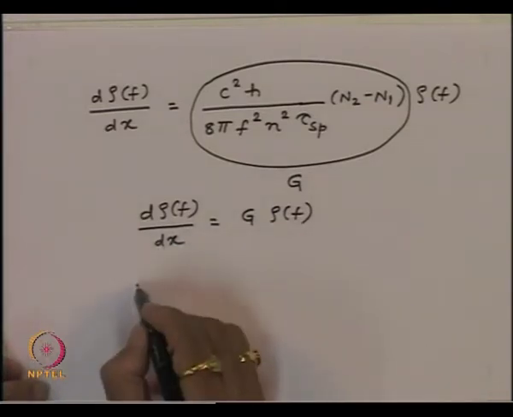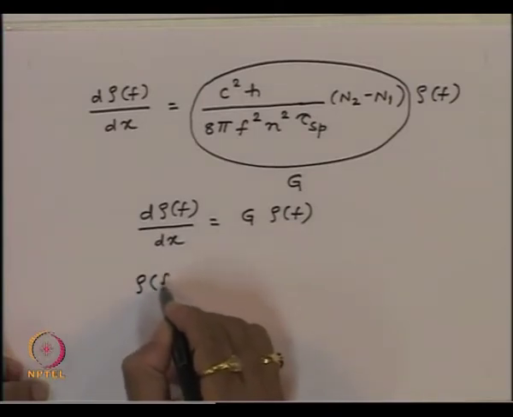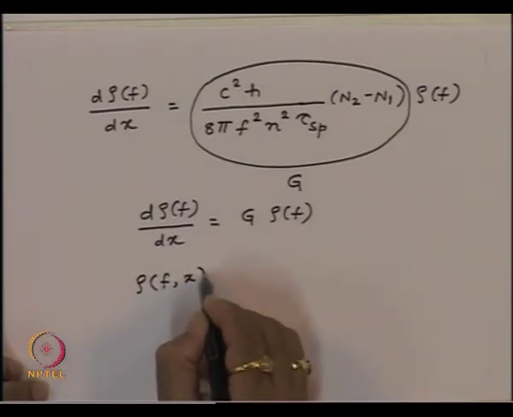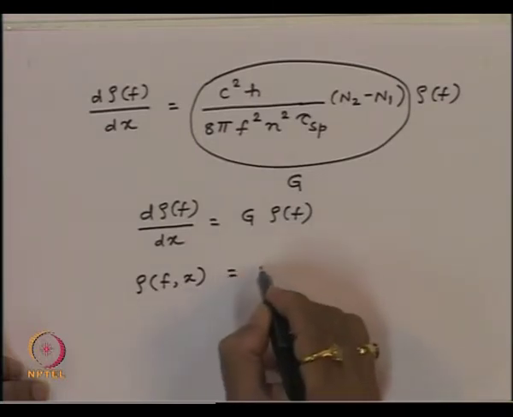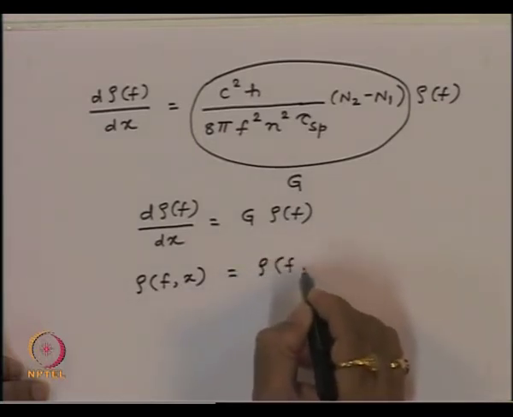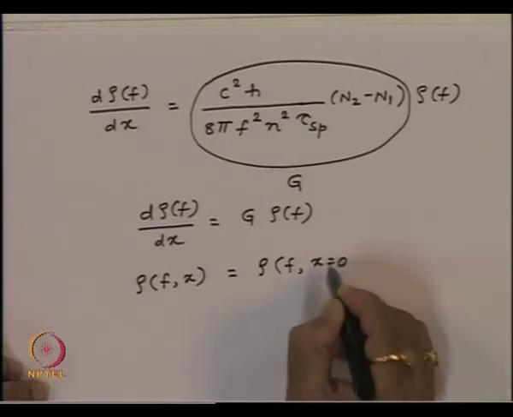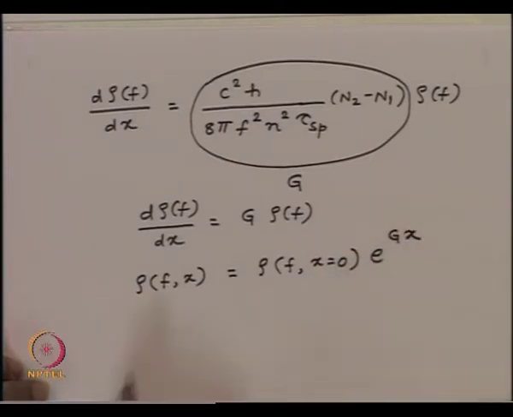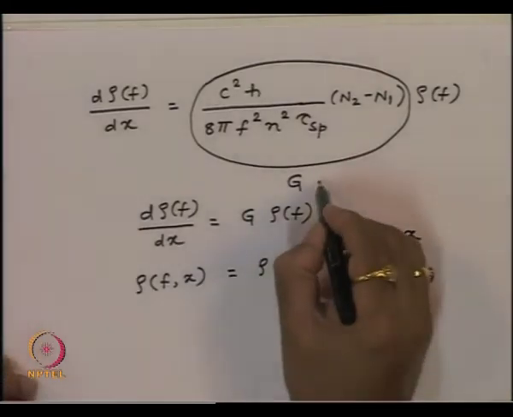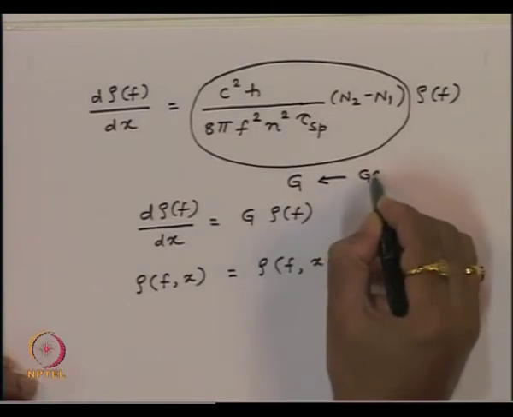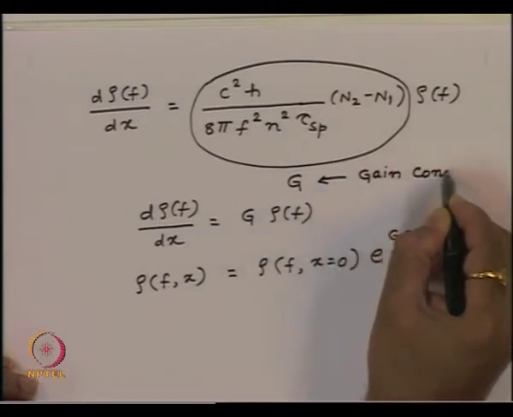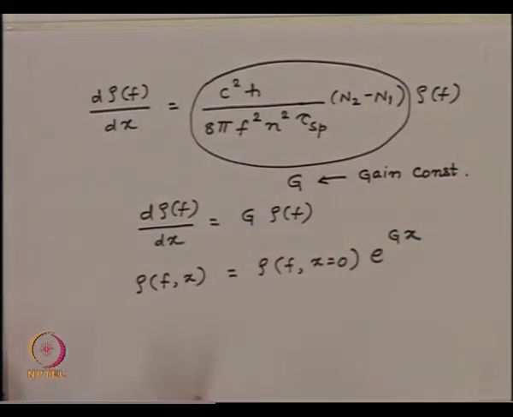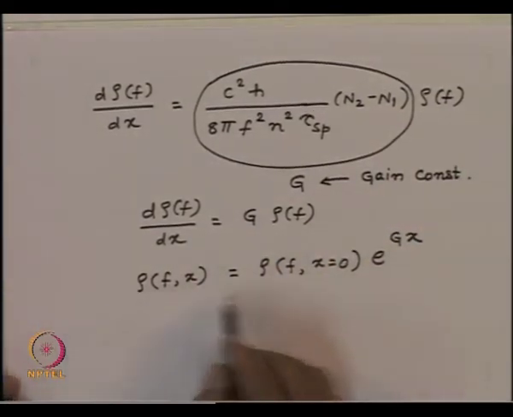And the solution of this equation would be rho of f as a function of x, that will be equal to rho of f at x equal to 0 into e to the power g of x. So, this quantity then we can call the gain constant of the system, and the photon flux will grow exponentially as it travels inside the material with this gain constant.